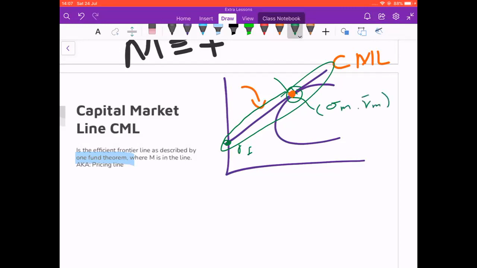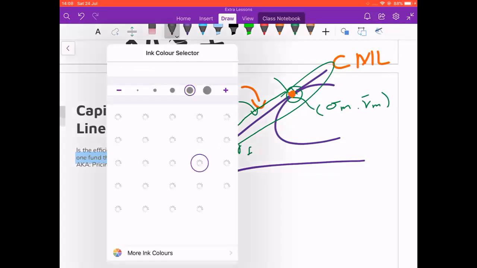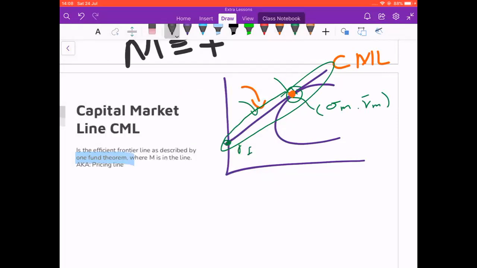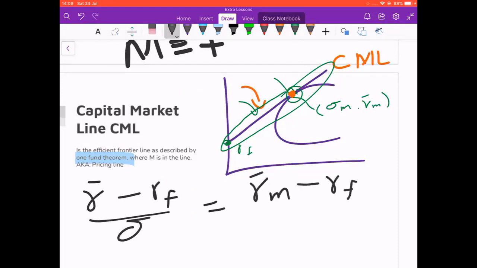To find any portfolio on this capital market line, you say: the returns of the portfolio minus the risk-free rate, over the risk of this portfolio, equals the returns of the market minus the risk-free rate, over the risk of the market.